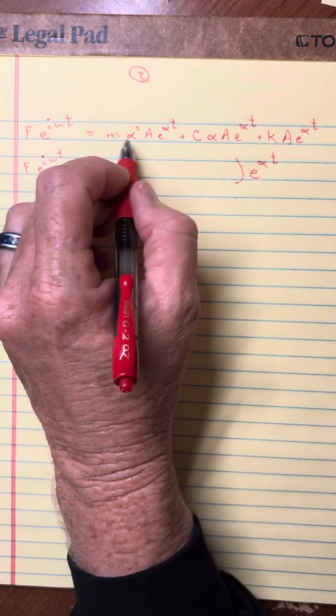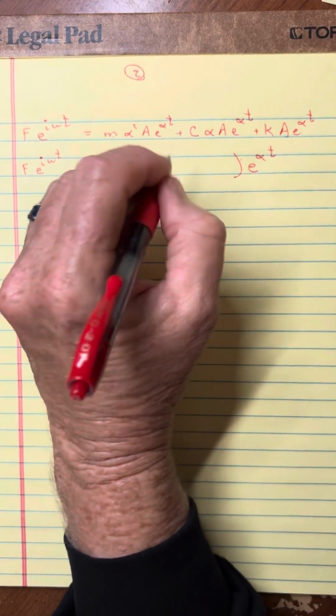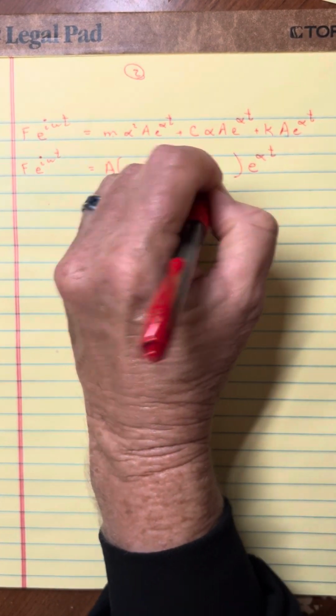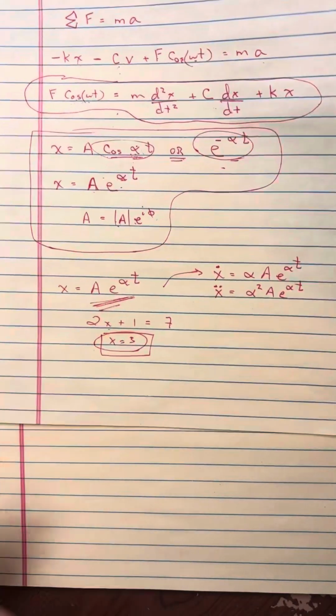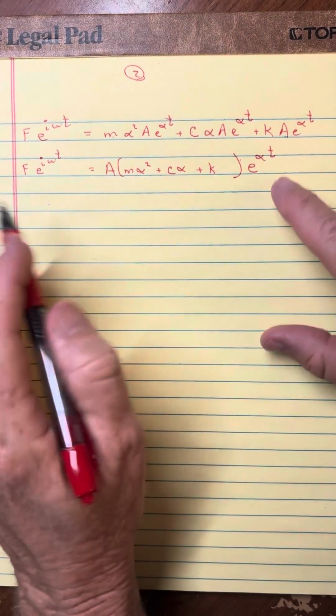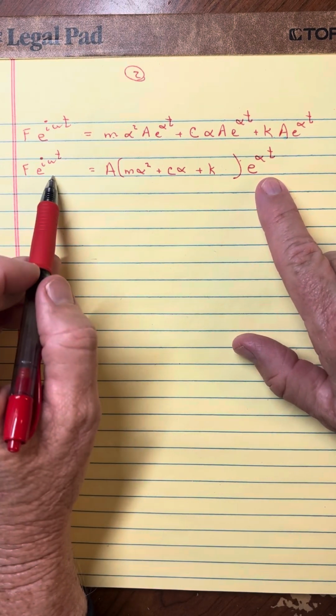Then, of course, in here, we'd be left with the m alpha squared. Here we'd be left with c alpha, and here we'd be left with k. But, again, I'll say it's not a rigorous solution, but if this is going to work, then it must match this. And you can see that the time factors are here.